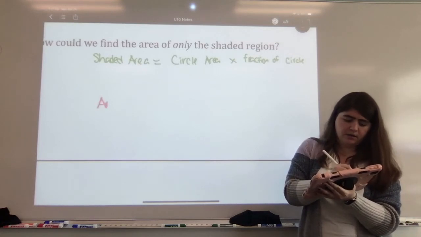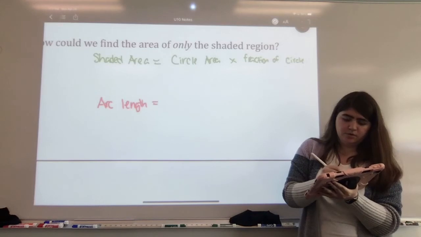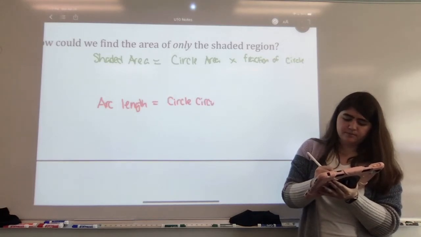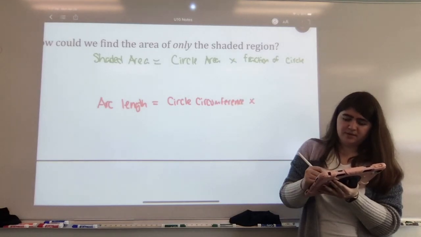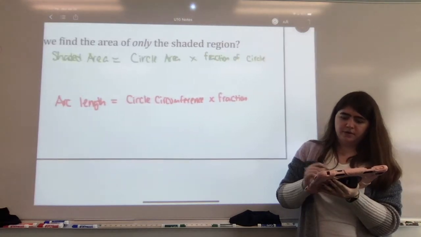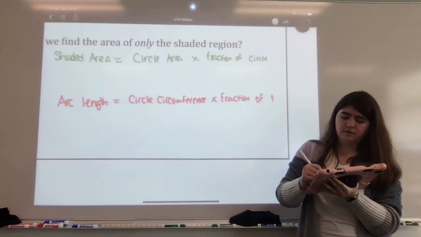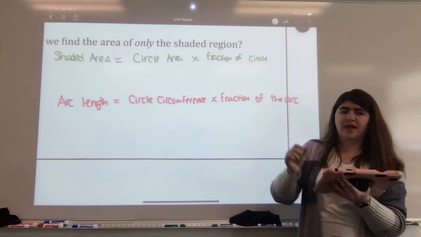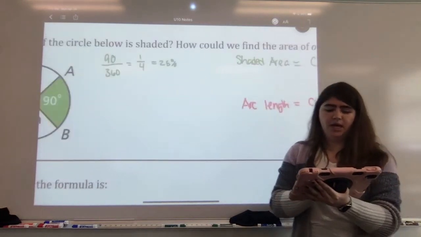So arc length is equal to circle circumference times the fraction of the arc, which is that piece from A to B in our circle.